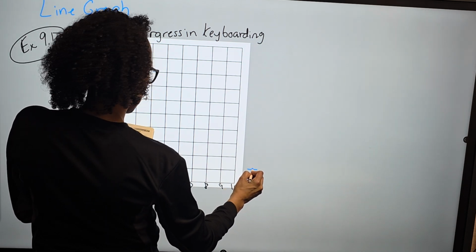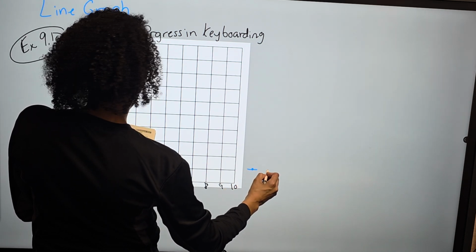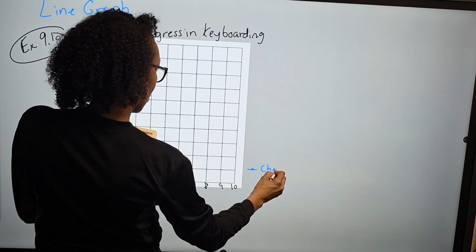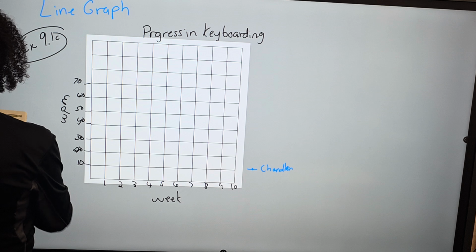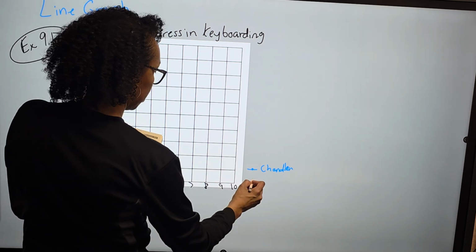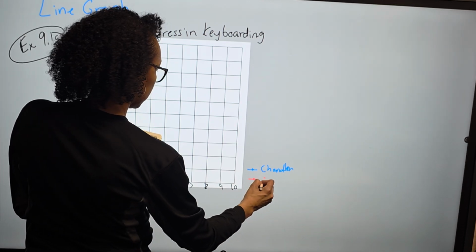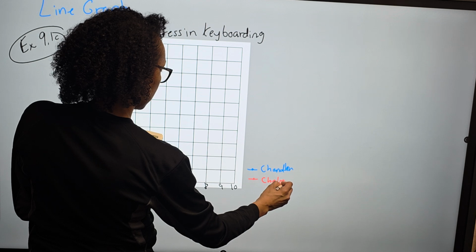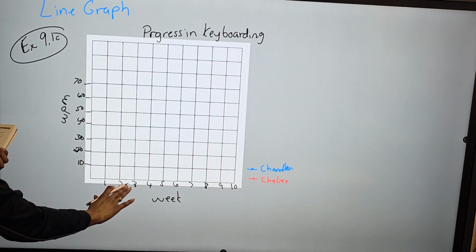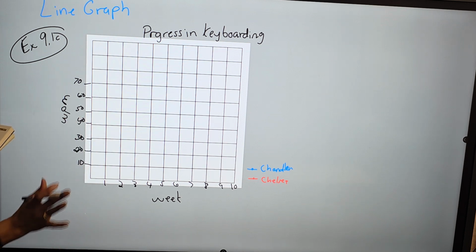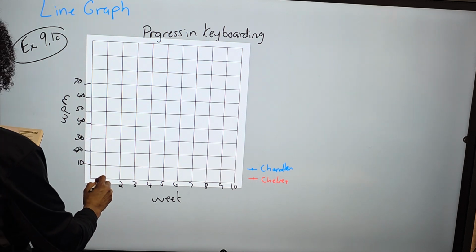We see that the blue line is for Chandler, and the red line is for Chelsea. All right, so what they've already put on here, they may have us plotting some in the homework, but this one was already given to us.